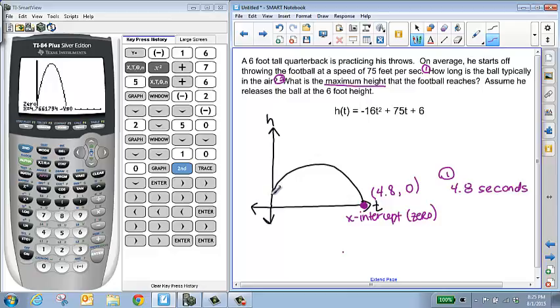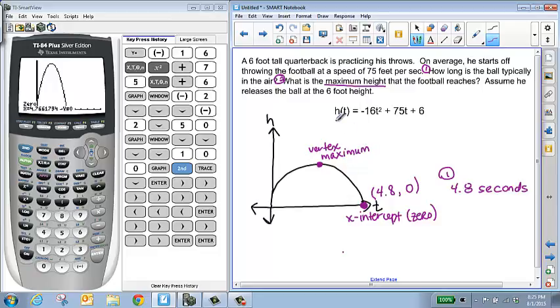So if we start where he releases the ball, right here is where it's going to reach the maximum height. So this is our vertex. And we want to locate that maximum height by figuring out where the location of the vertex is.